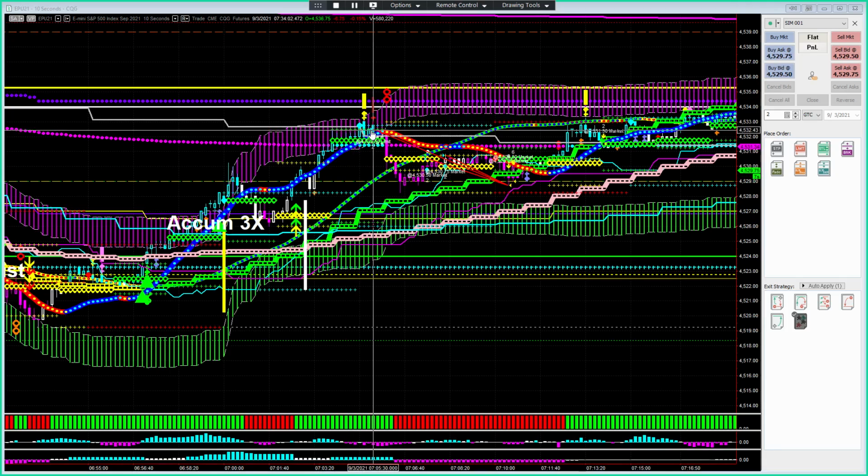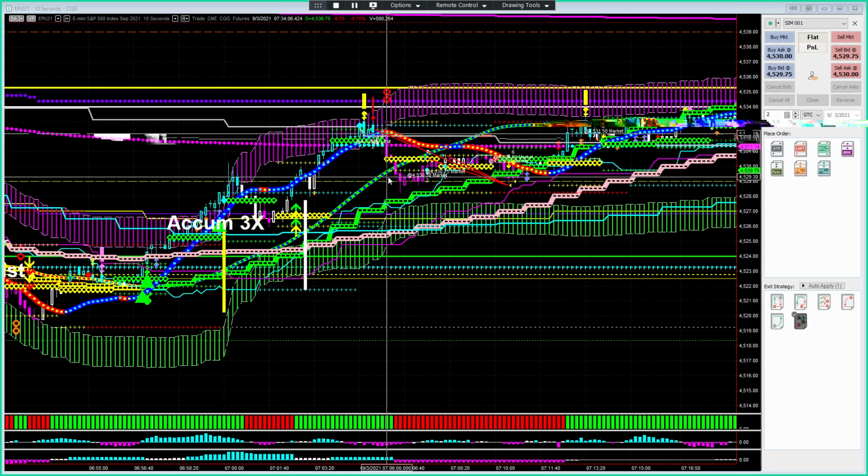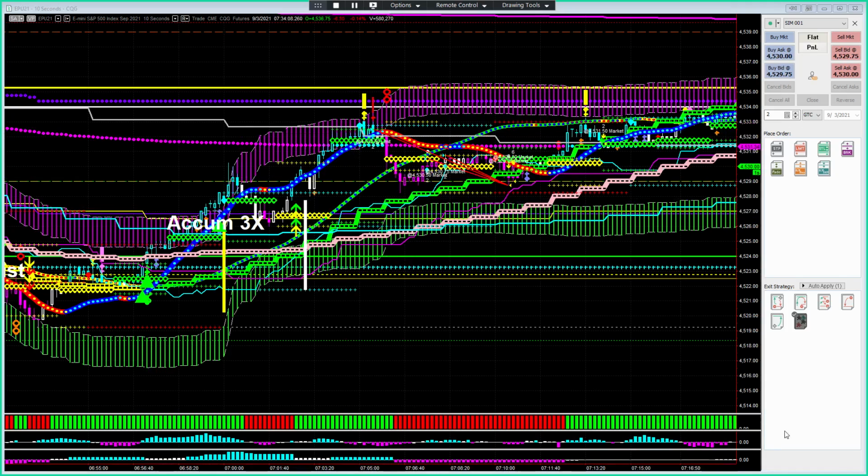So I'm sitting here saying, okay, well I'm still kind of going with the trend, right? But here's the other point I want to make. I took this trade, but look how far I am away from the minute average, and where I might make a decision to reverse, right?